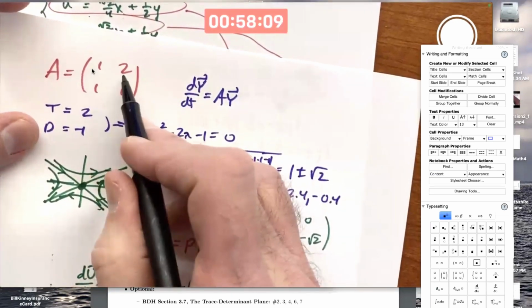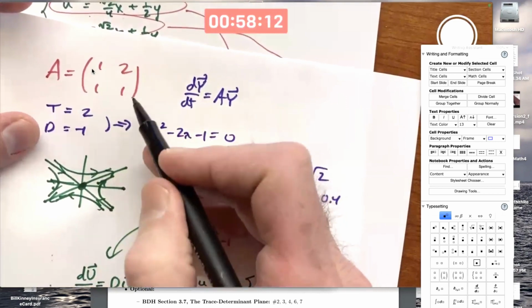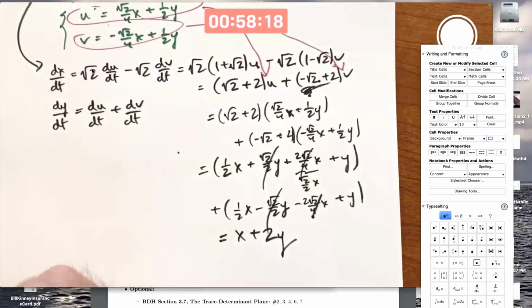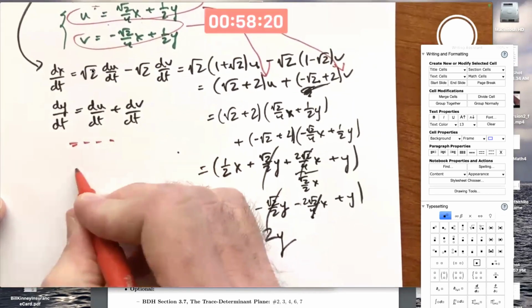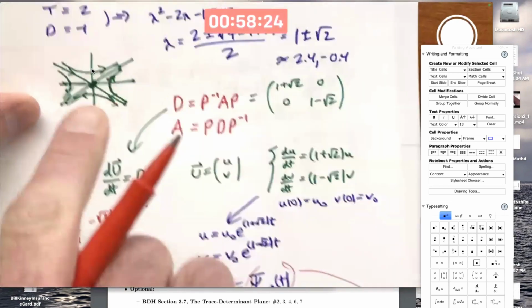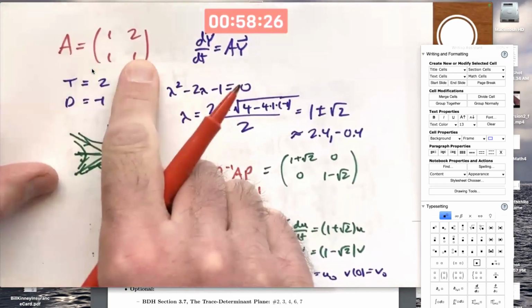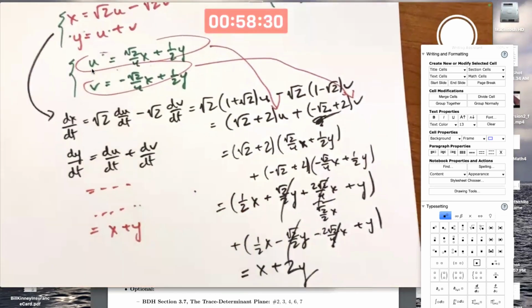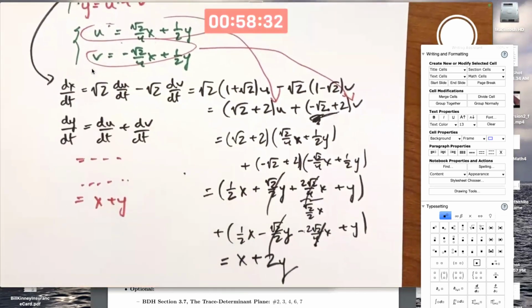That is the first row of the matrix times the vector xy. I won't do the details here, but this one, after you do the details, should simplify to, look at the second row, x plus y. This is directly relevant for your homework, okay?